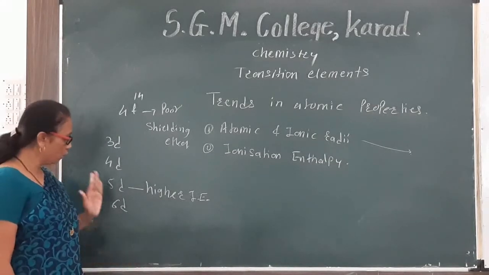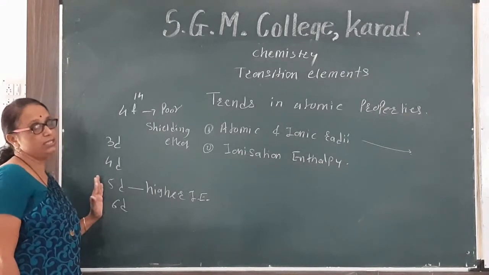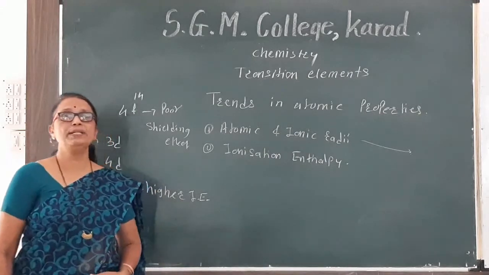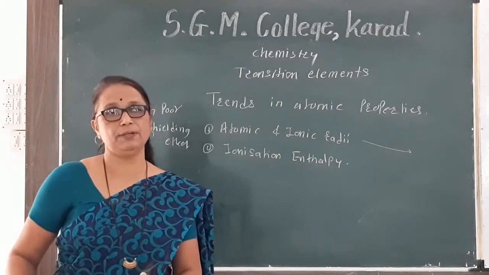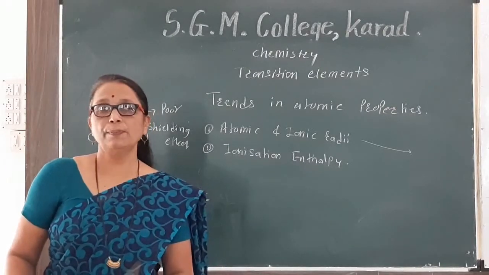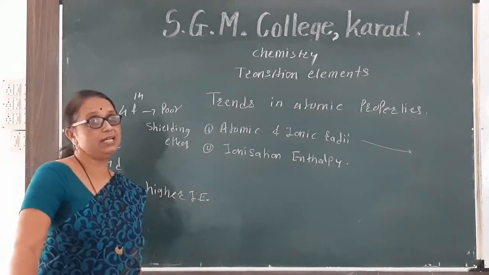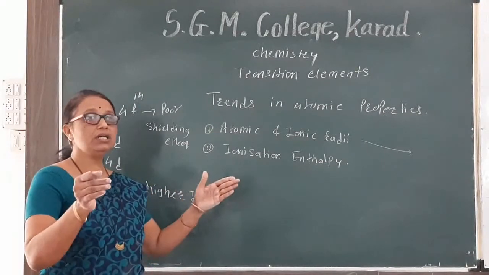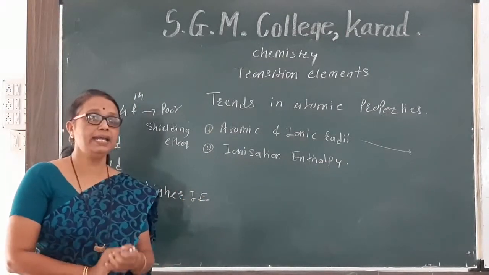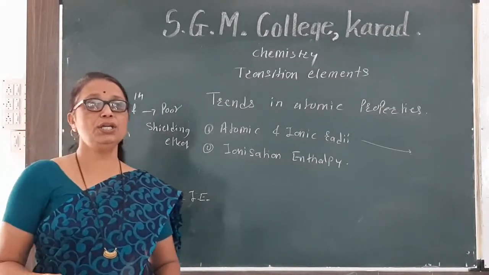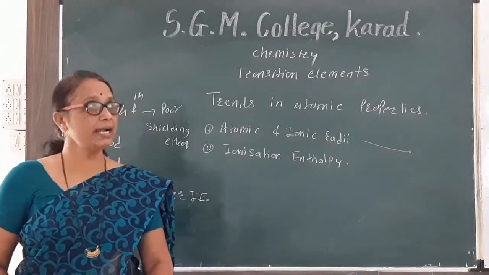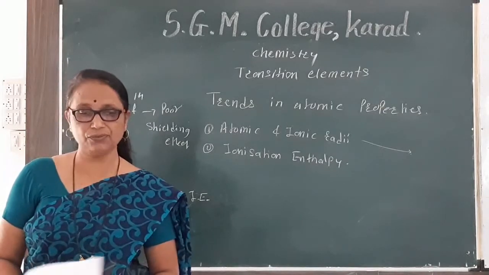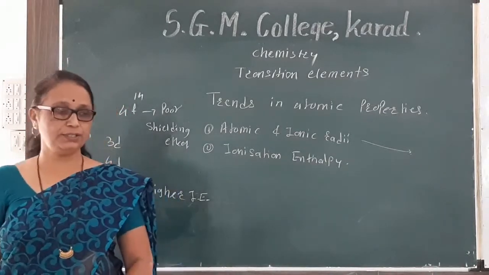In short, the 5d series has higher ionization enthalpy than 3d and 4d, because in the case of the 5d series, the inner 4f orbitals are completely filled, and due to completely filled 4f orbitals which have poor shielding effect, attraction between the nucleus and outer electrons increases, the outer electrons are somewhat tightly held, and hence more energy is required to lose these electrons, and hence this 5d series or third series has higher ionization enthalpy than the first and second series.